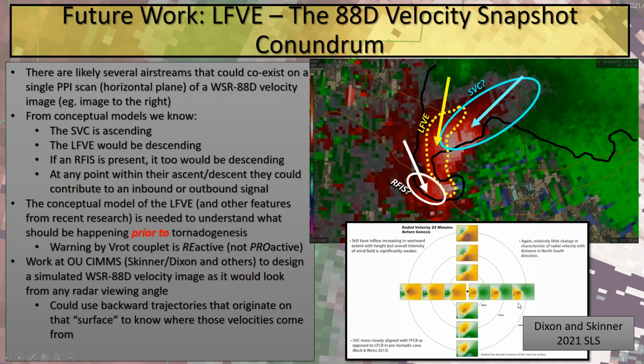But here in the bottom image is an image I took from Patrick Skinner and Dixon from their SLS presentation, showing again these boundaries and how they can look different depending upon where you are in relationship to the radar. And they're doing some exciting work by trying to fabricate a velocity image much like you would see with the 88D.